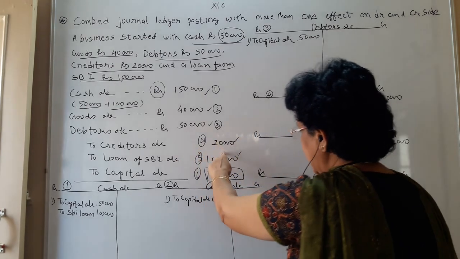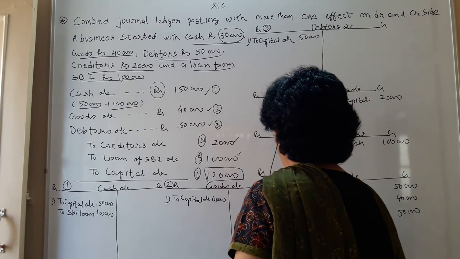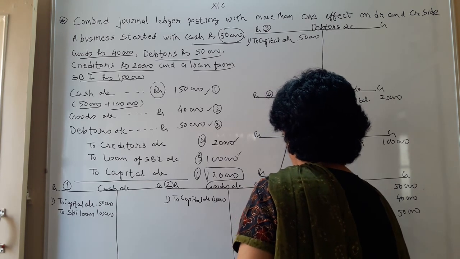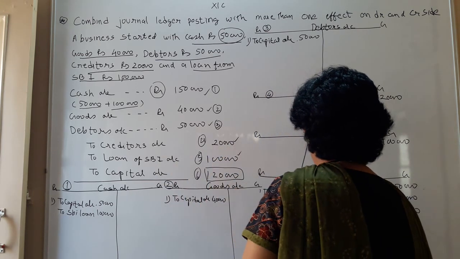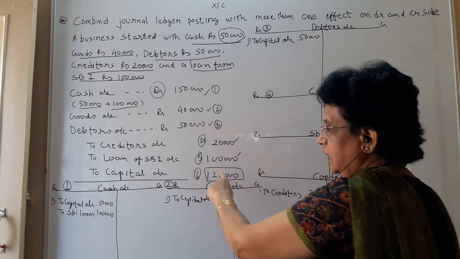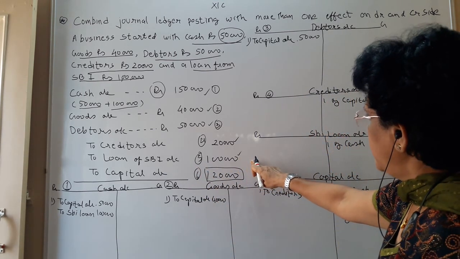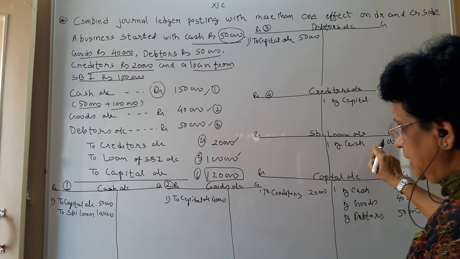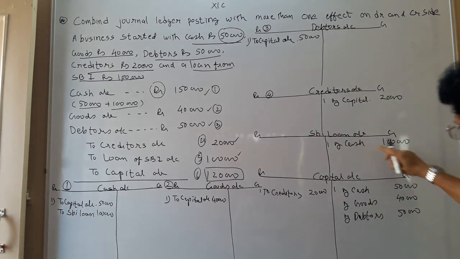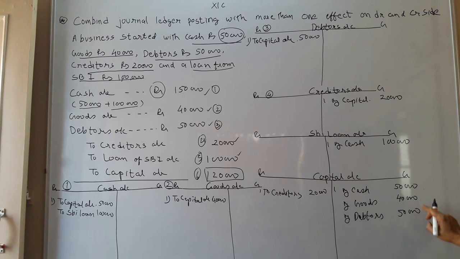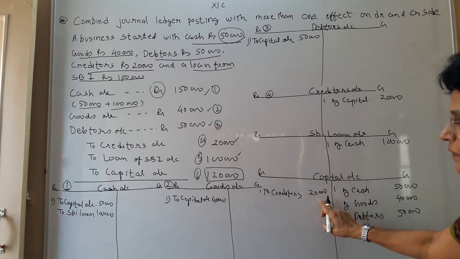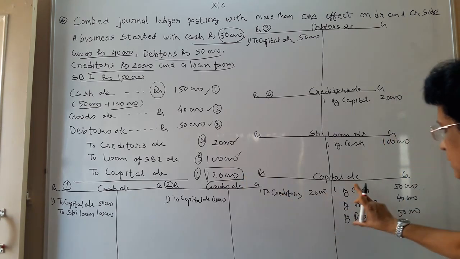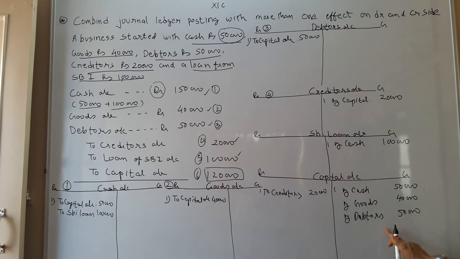Then you have the creditors; creditors were also brought in by the owner only. How much for the creditors? 20,000. Clear? The SBI loan we have already written, one at cash and another at SBI loan, so the SBI loan won't be here. Now if you see the 50 and 50, 1,40,000 minus 20,000, the capital amount is 1,20,000. So the posting of the capital account is over.